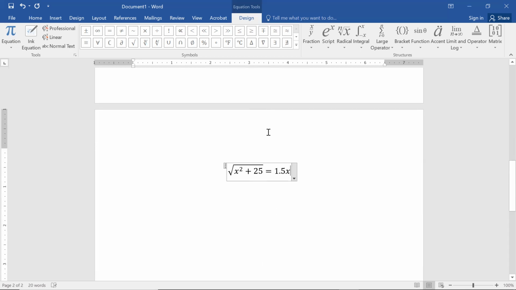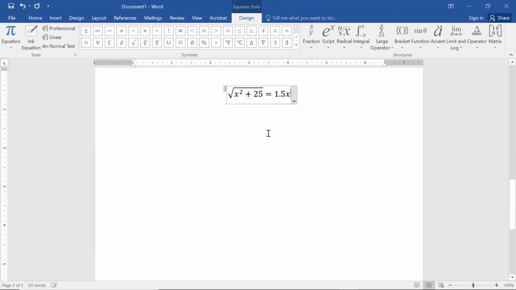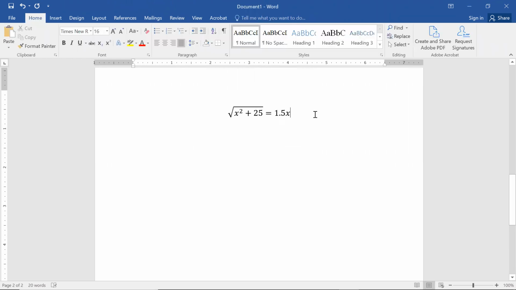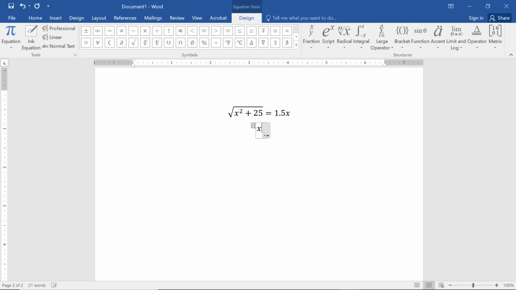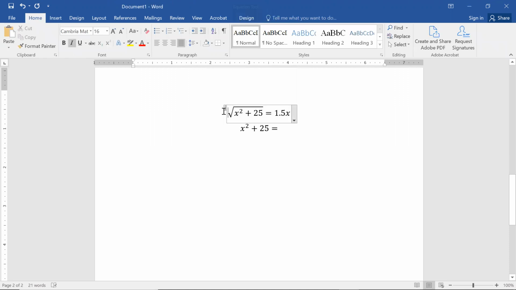So it's a little bit easier to square both sides at this stage. If you square both sides here, you'll notice that you get x squared plus 25 on the left-hand side. Hopefully everybody understands what we're saying there.